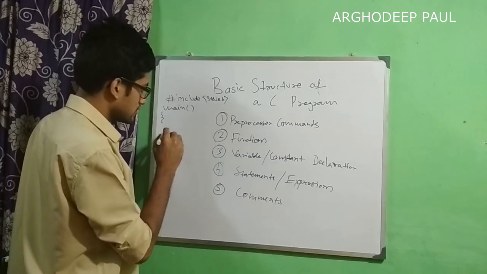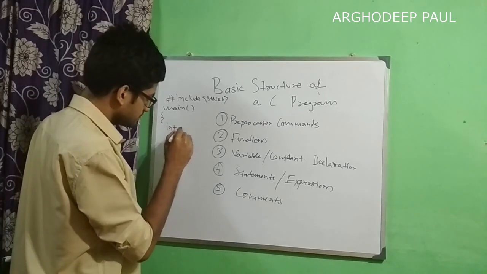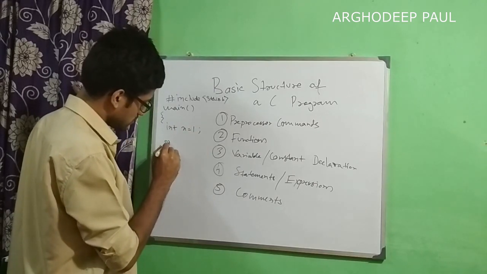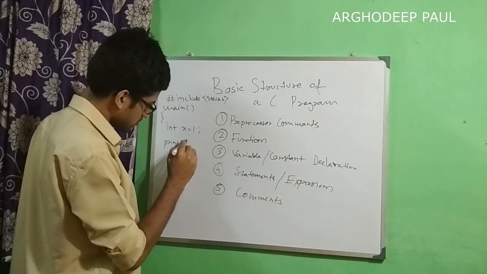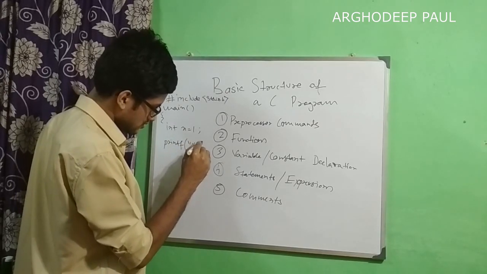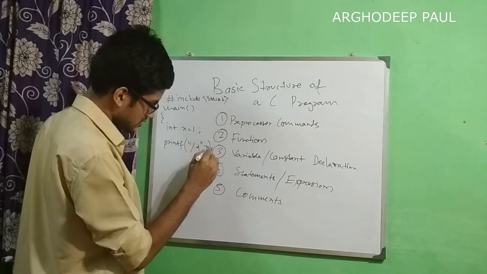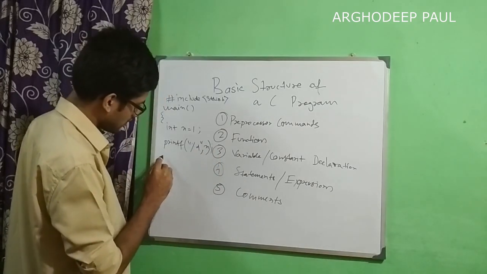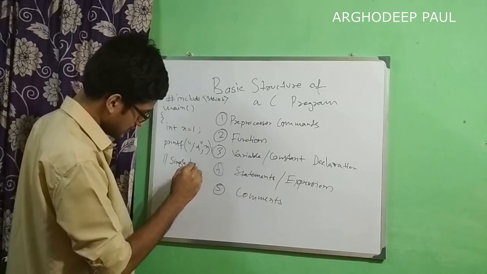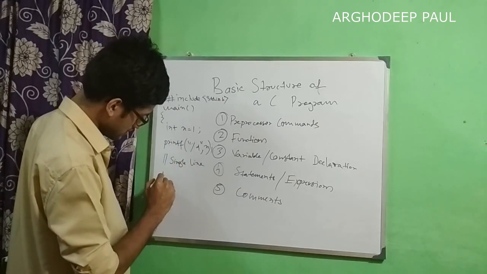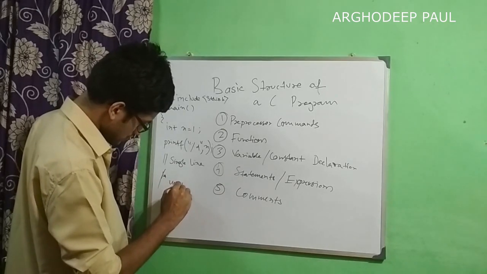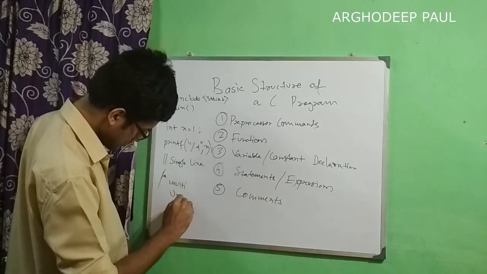And int n equals 1, printf %d, which is n, semicolon, and finally just a single line comment, multi-line comment.